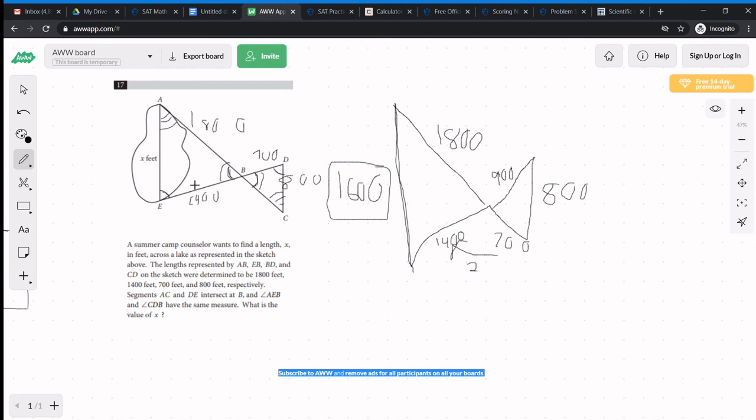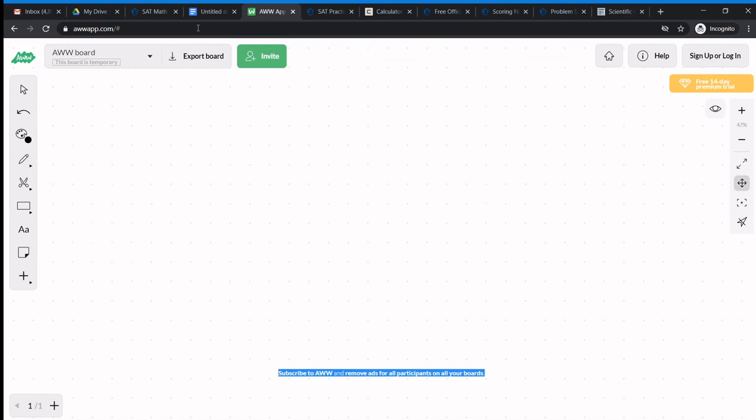So it's important here to just realize that these triangles are similar because of vertical angles. All of the angles are the same, and then we just find out which ratio to look at. In this case, it's just multiplying everything by 2, and we can get this side pretty easily. Alright, next problem.